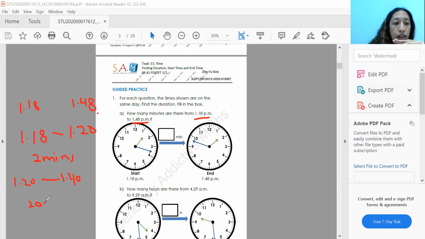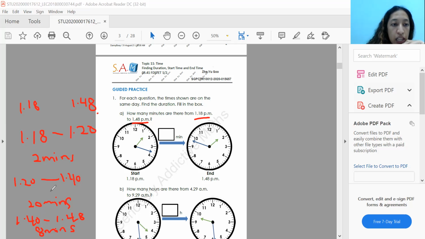Okay, 20 minutes. 1:20, 1:25, 1:30, 1:35, 1:40, 20 minutes, right? Okay, so 1:40 to 1:48 p.m. How many minutes is that? That is 8 minutes, correct?